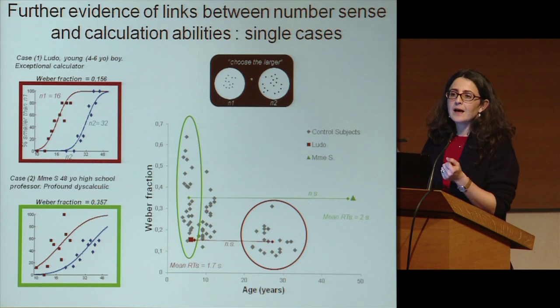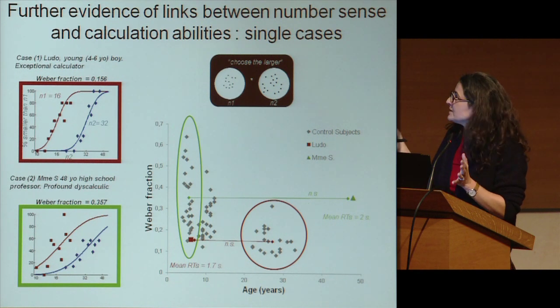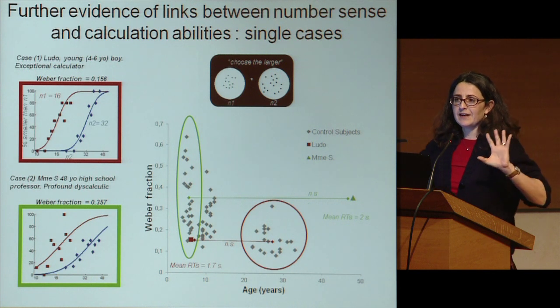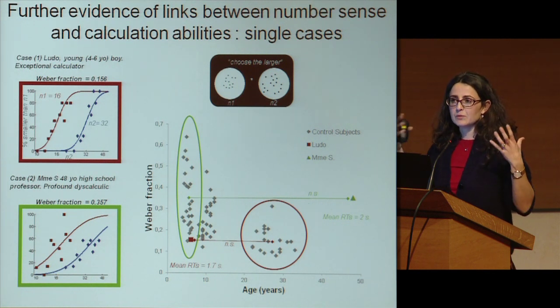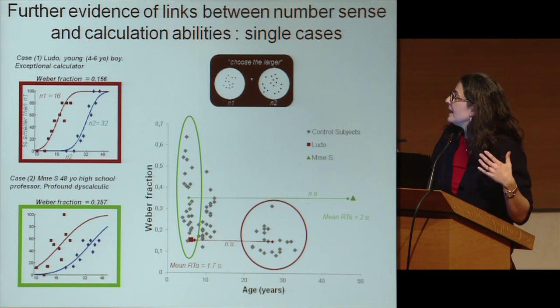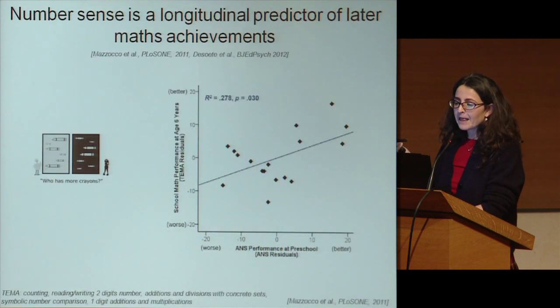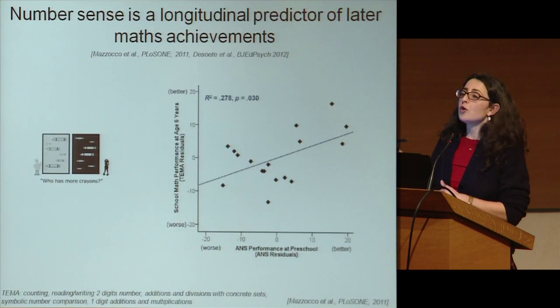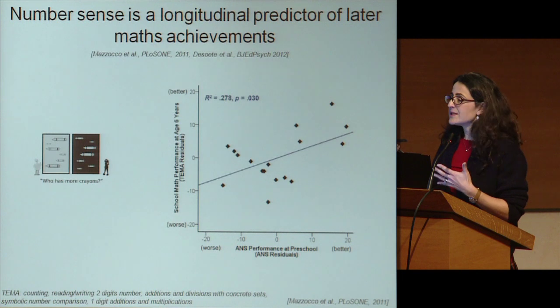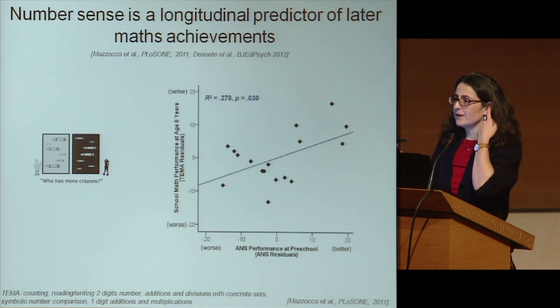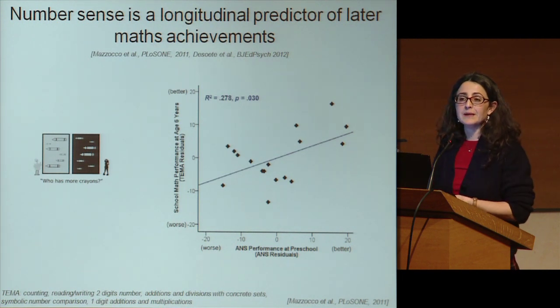Okay, so maybe this is a bit anecdotal, but it shows that even single cases that are very extreme in the continuum of the acquisition of arithmetical competencies can be very well traced on their basic sense of number. Other evidence is that number sense is a longitudinal predictor of subsequent arithmetical abilities.